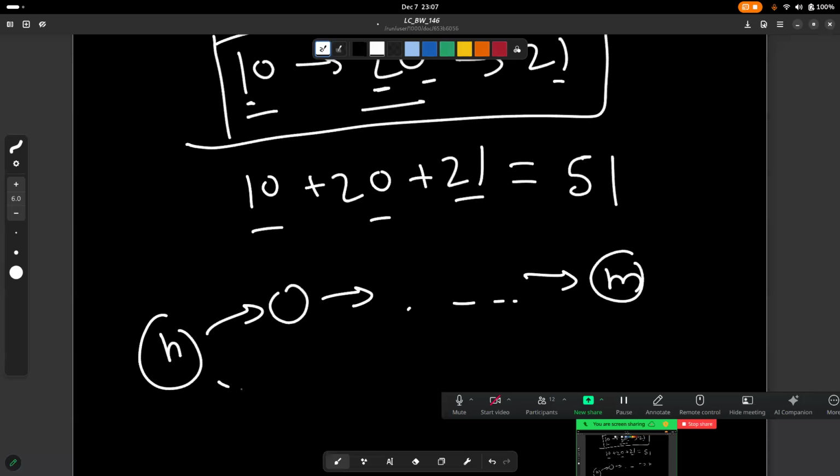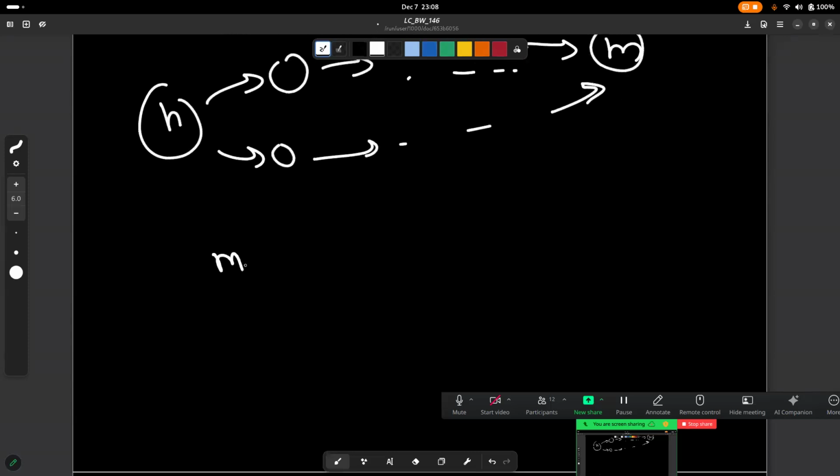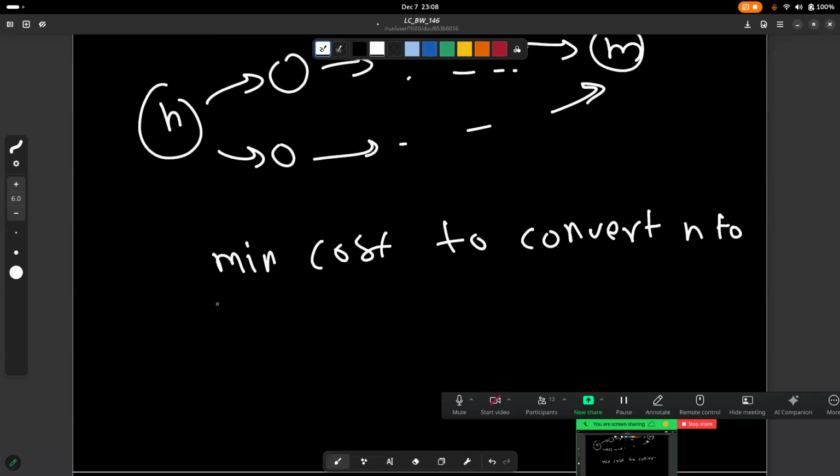And I can also have multiple paths over here. And I want to find the minimum cost to convert n to m. But let's just say for now, we are trying to reach m from n.